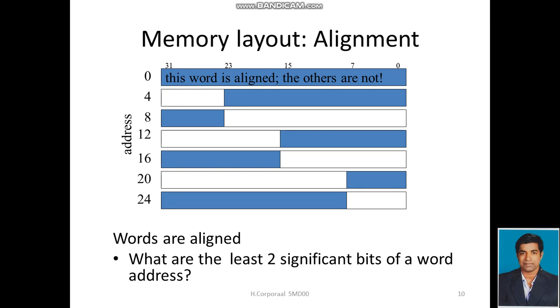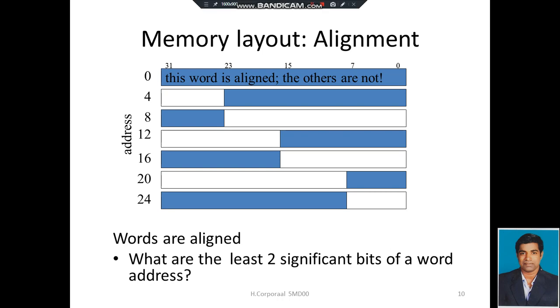What are the least two significant bits of the word address? Here, least significant byte means the memory record for which we are taking the data from 0 to 7.